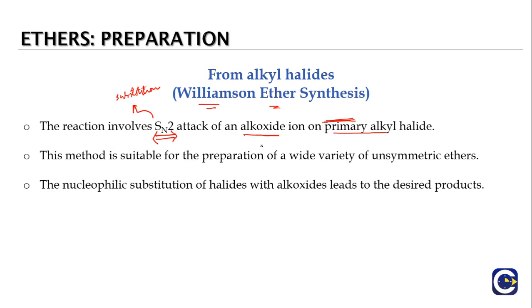So the reaction is between the alkoxide ion and primary alkyl halides. They react very efficiently. This is a very good method for the preparation of unsymmetrical ethers, although we can also prepare symmetrical ethers by this method. The nucleophilic substitution reaction involved leads to the formation of the desired products. How? That will be seen in the examples.